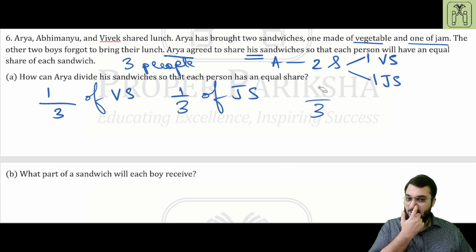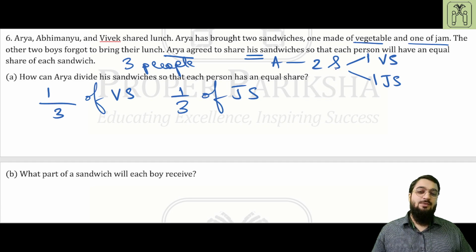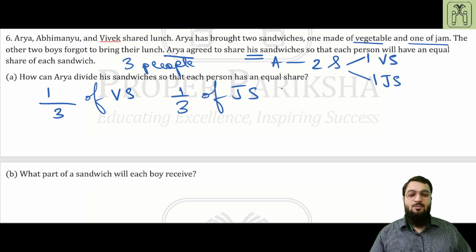So 2 of 3 is also not possible. Rather, each sandwich will be divided into 3 pieces, and then each will get a share of 1/3 of that particular sandwich. The next question is, what part of a sandwich will each boy receive?